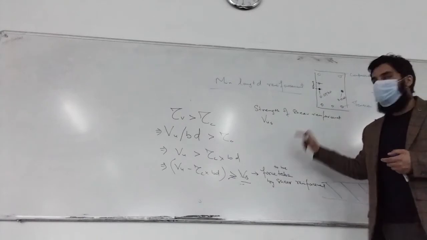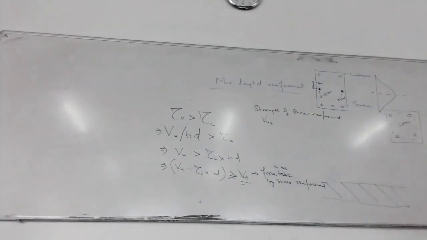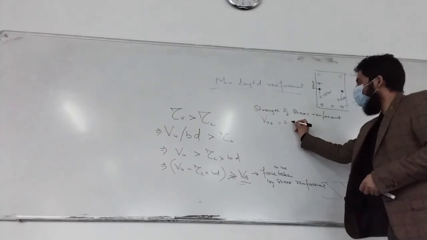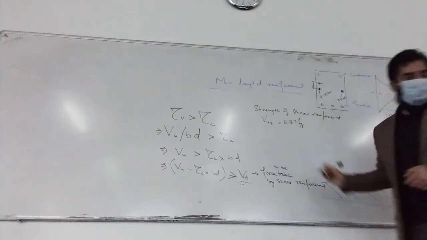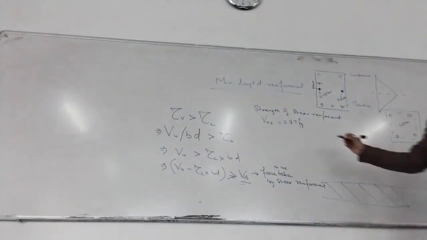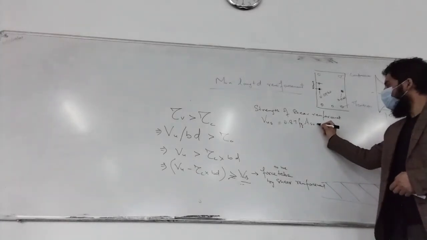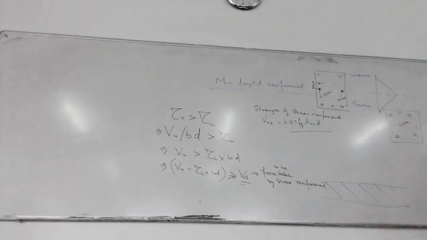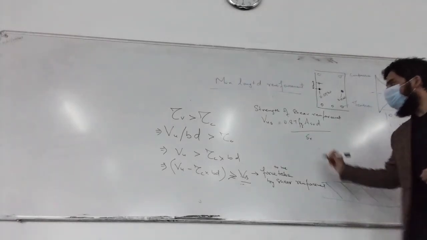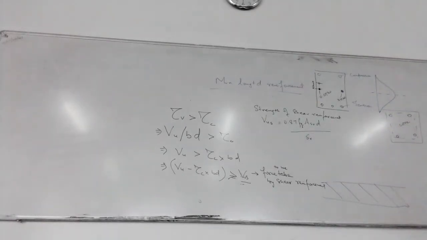अब जब हम स्टायरअप देंगे तो Vus will be equal to 0.87 as per code into fy into Asv into d divided by Sv. When the stirrup is vertical.